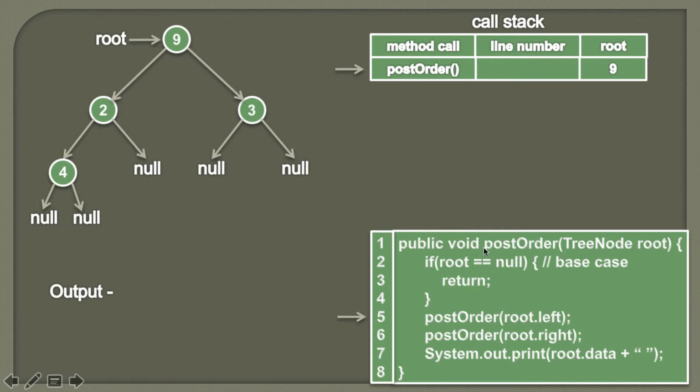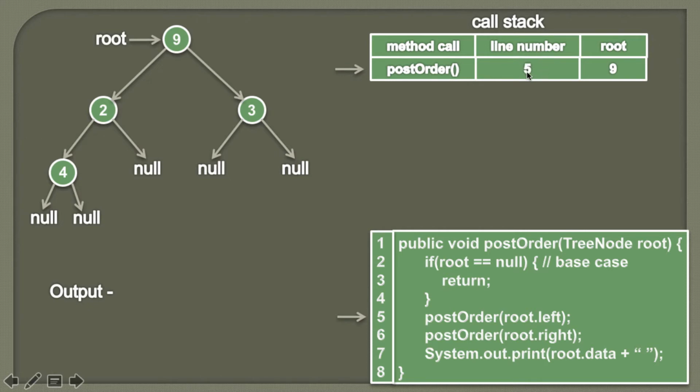So here you can see when we had called this post-order method, there was one method on the call stack, and inside this we are calling this post-order method again. So when we call this post-order method, we are leaving this post-order method. So in order to keep track of this post-order method, we will update the line number here. So it would look something like this.